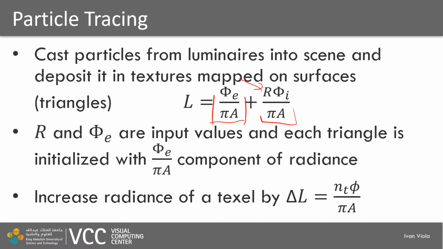The reflectance function and the emitting power can be the input variables for each triangle. With this, we can initialize the first component of the radiance. So for each triangle which has some emitting power, we will initialize its radiance with the first component.